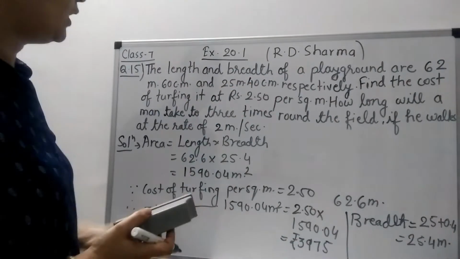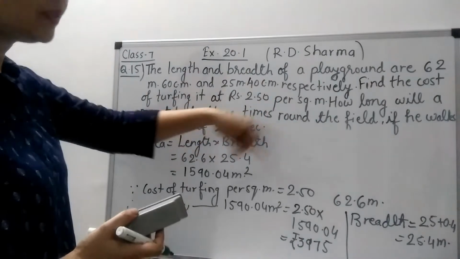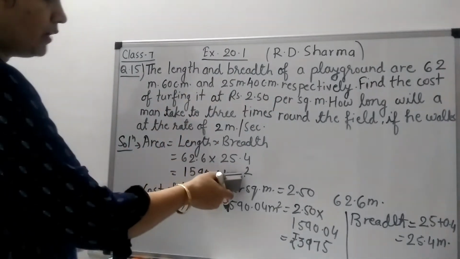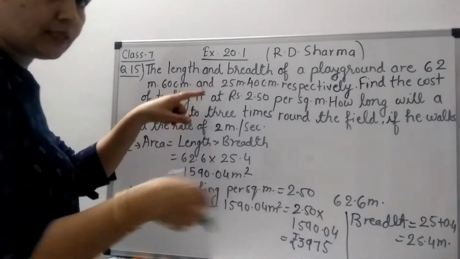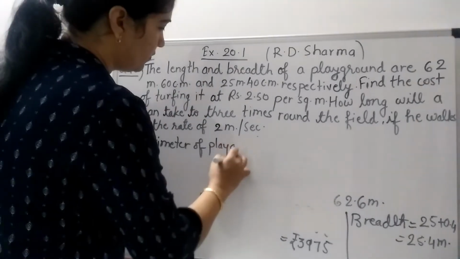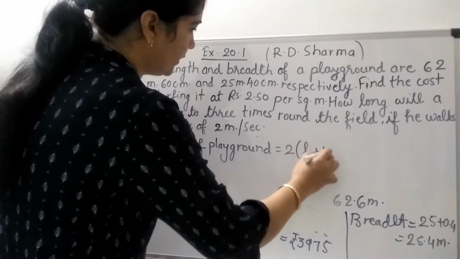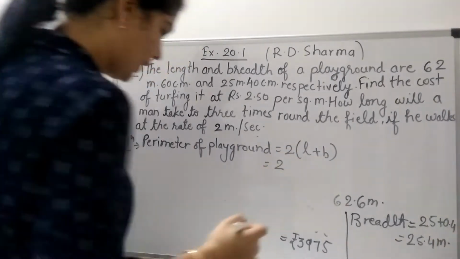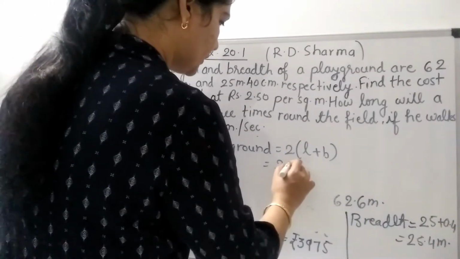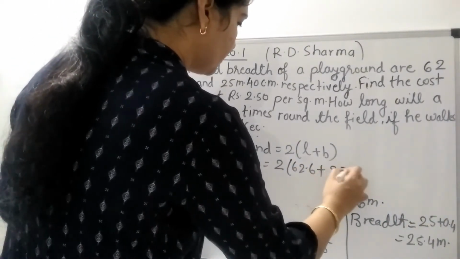Now we have to see how much time the person will take, how long will a man take to go 3 times round if he is taking 3 rounds. So here we found area, but because he is taking just rounds, we will find out the perimeter. As we know this is a rectangular field and the perimeter is equal to 2 times (L plus B). So 2 times, length was 62.6 and breadth was 25.4.